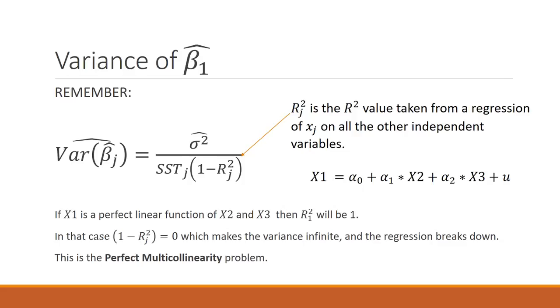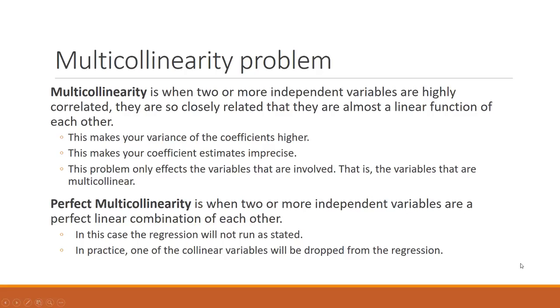So in that case, 1 minus R squared equals 0, which makes the denominator 0, which makes the variance infinite, and the regression breaks down. In fact, you can't even run it as specified if you have perfect multicollinearity. This is the perfect multicollinearity problem.